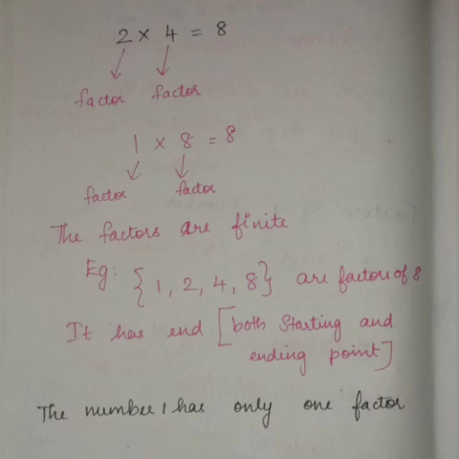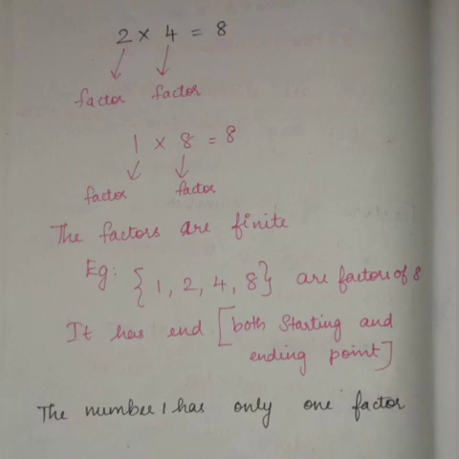Then 5, 6, and 7 are not factors, then it goes to 8. It stops at 8 because our number itself is 8. So the number 8 has finite factors, with starting point 1 and ending point 8.